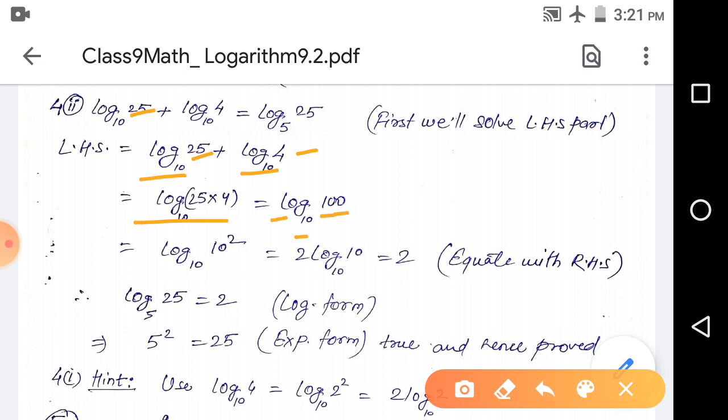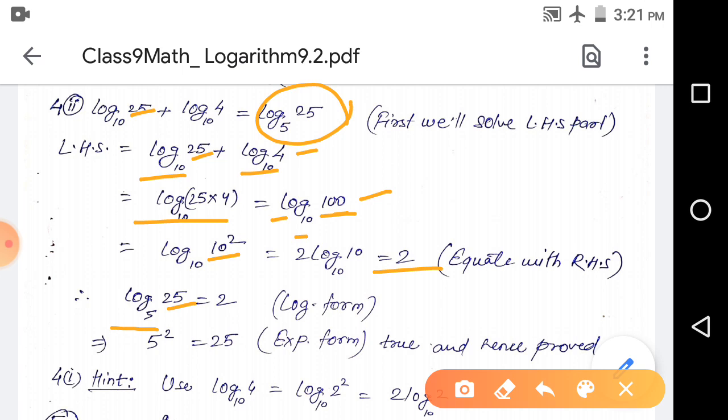So log 10 100 means 100 is 10 to the power 2, so this becomes 2. Directly we can write this one as 2. Now we have the RHS part, log base 5 25. We can write log base 5 of 5 square.